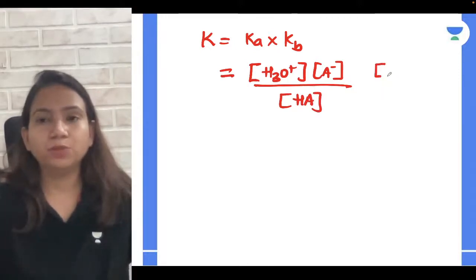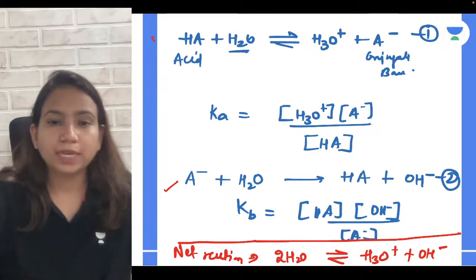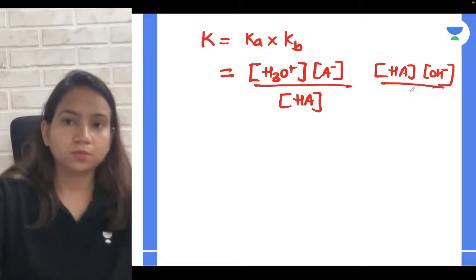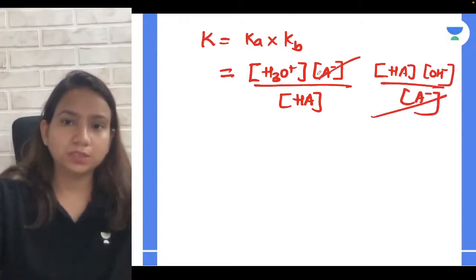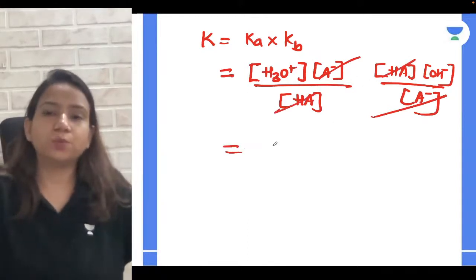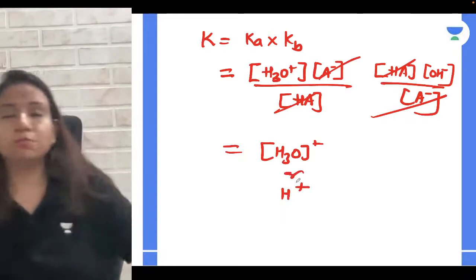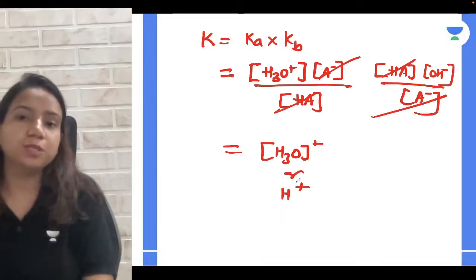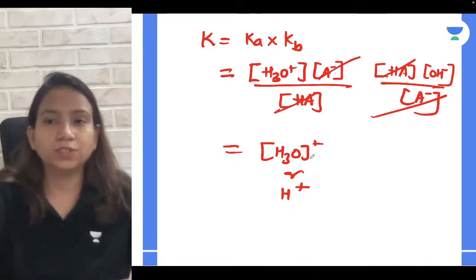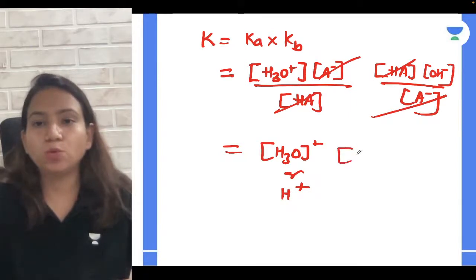And here Kb will be HA into OH minus ion divided by A minus ion. So can I cancel these things? Yes. What I'm left with is hydronium ion, which is nothing but H plus ion concentration, because remember guys, your H plus ion concentration never remains just like that, into OH minus ion.